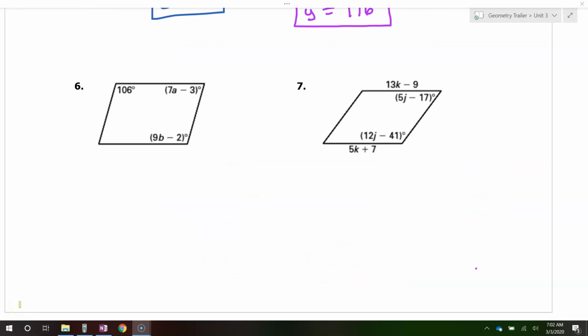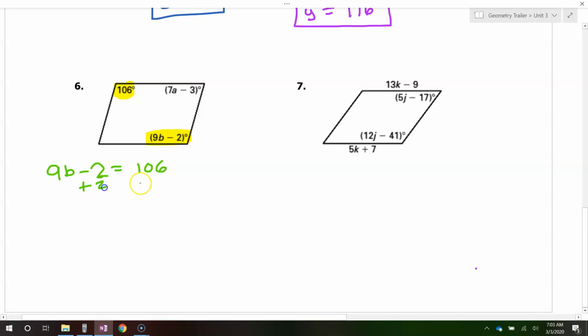For number 6, we're going to use the fact that opposite angles are congruent first. We have consecutive angles. I guess we could have done either one. But 9b minus 2 should definitely equal 106.